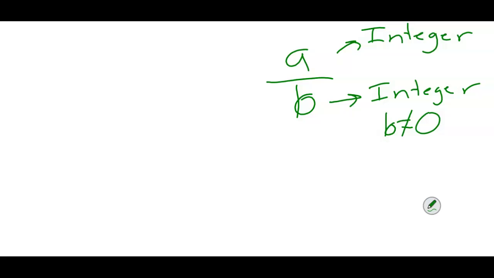All right, that is the definition of a rational number. That's a lot of algebra there because we have letters. Let's give some examples and go through it.